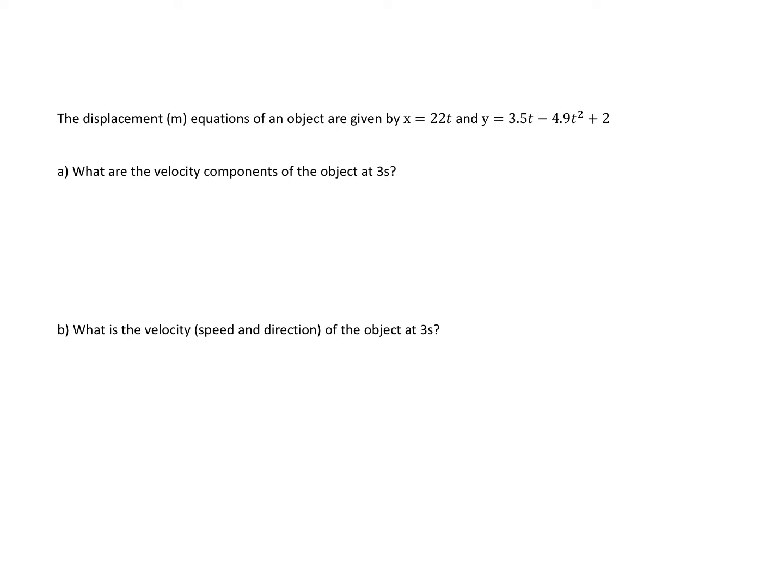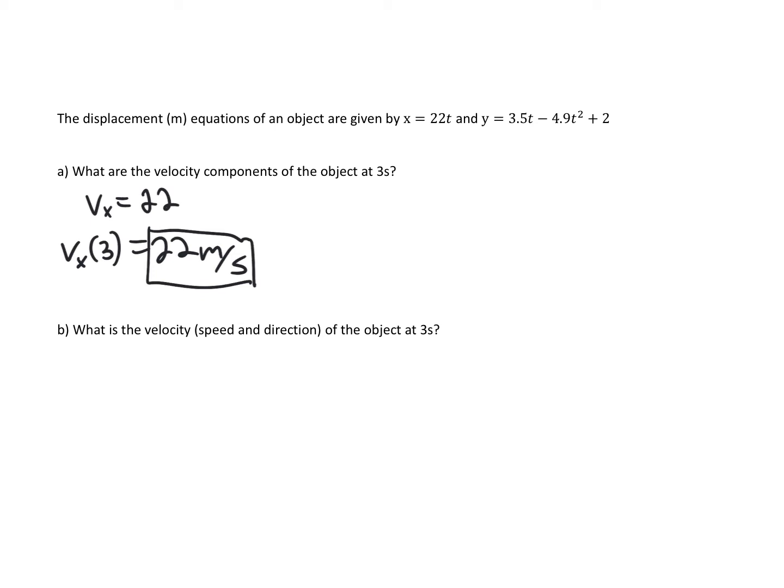This last example is parametric motion. So we have displacement both in the x direction and the y direction. So we're going to need our velocity in both directions. So the velocity of x is just the derivative of the x, which is 22. And then the velocity of x at 3 is just 22 because the velocity is actually just a constant. No matter what time you have, you are at 22 meters per second.